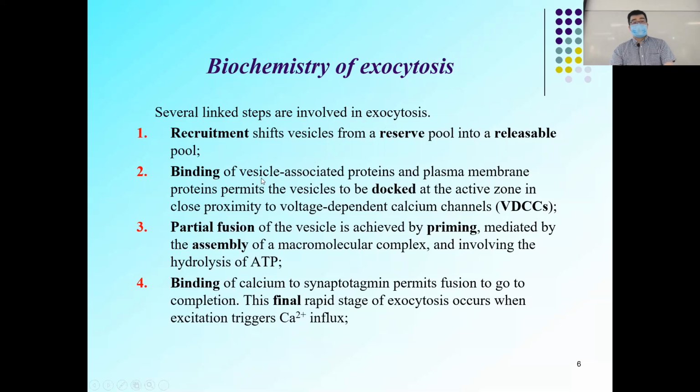As I mentioned, there is a vesicle reserve pool, and then they will bind to the vesicle-associated proteins and the plasma membrane, and be approximated to the voltage-gated calcium channels. That's the reason they have to be close to the channels, in a special formation, so that they will be ready to release once they are there.